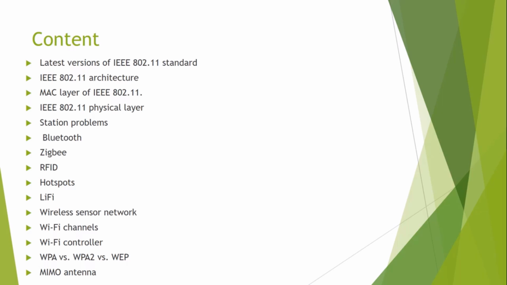Next one is the IEEE 802.11 physical layer. Next I'm going to talk about station problems, and next is Bluetooth and Zigbee, RFID, hotspots, Li-Fi and wireless sensor networks, and Wi-Fi channels, Wi-Fi security, WPA, WPA2 and WEP. The final one is MIMO antenna.